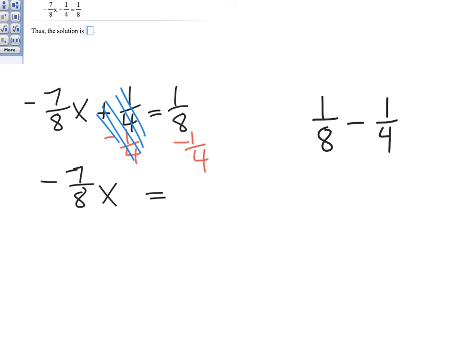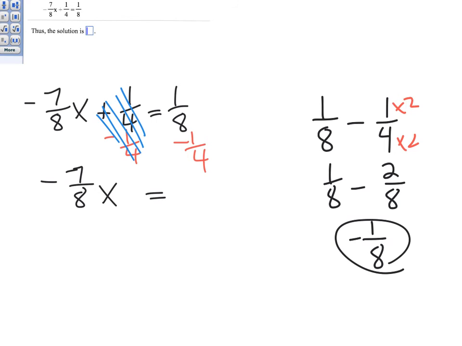And you need to get common denominators. So we're going to multiply this by 2 and 2. And so that gives you 1/8 minus 2/8. That equals negative 1/8. So 1/8 minus 1/4 is equal to negative 1/8.